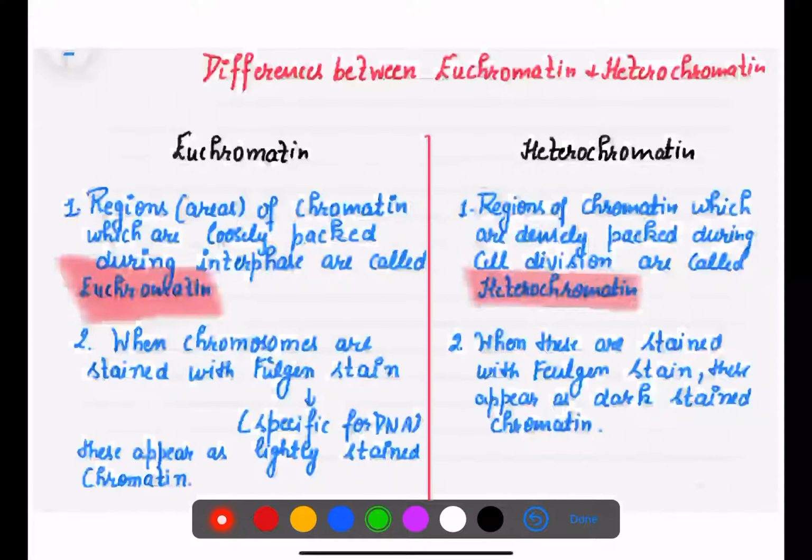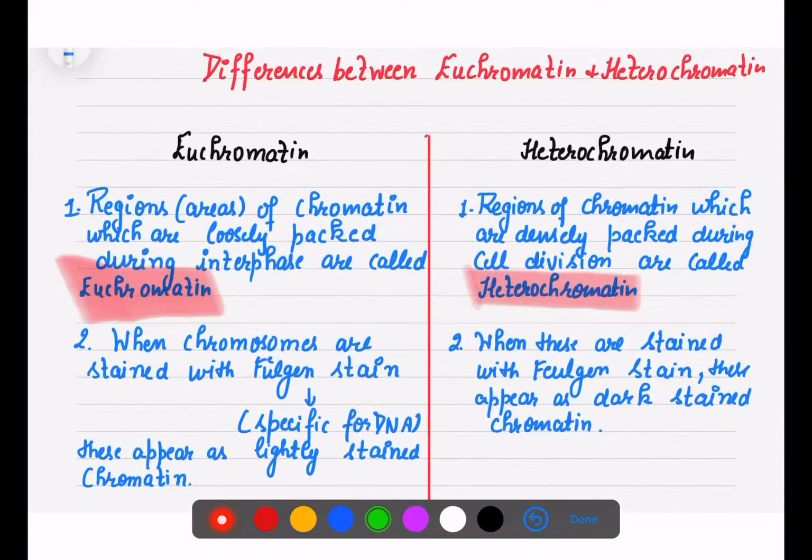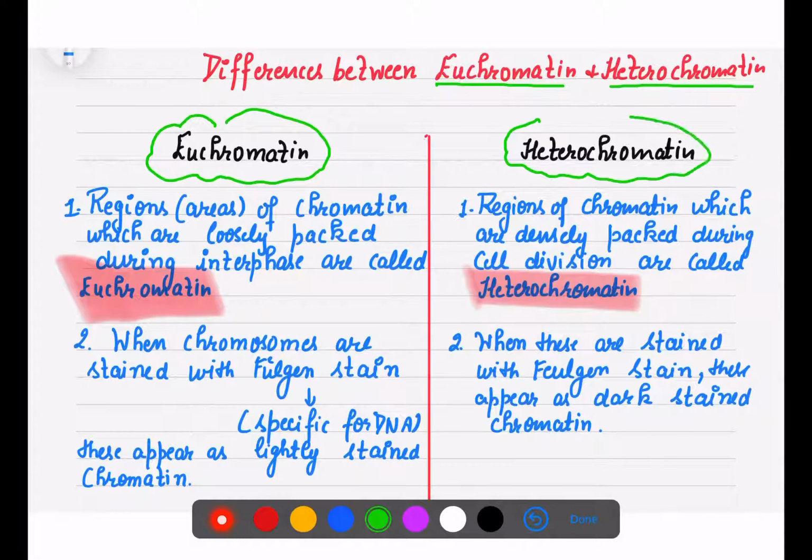But before that, in my last lecture I talked about chromatin. Chromatin is usually of two types, that is euchromatin and heterochromatin. Once we finished with the packaging, in NCERT, at the end of the topic, they have mentioned these two terms.